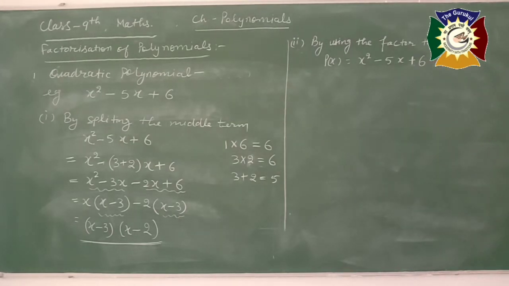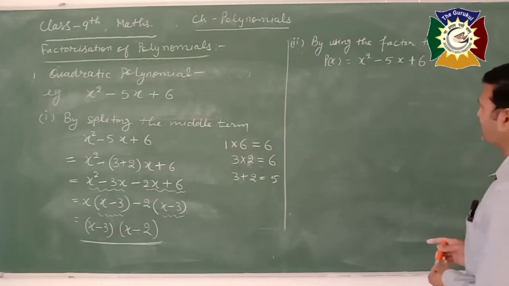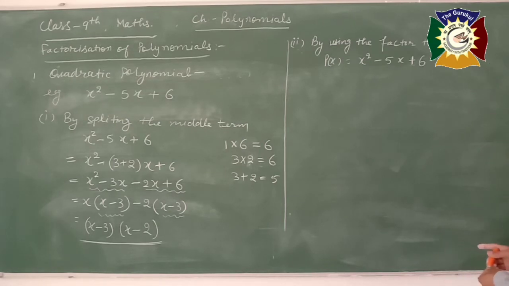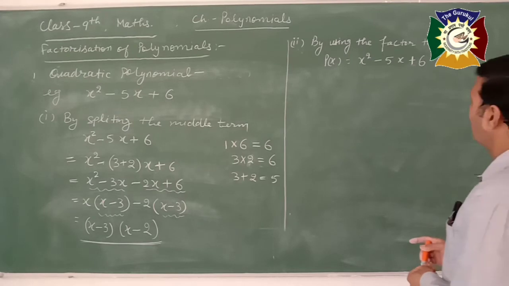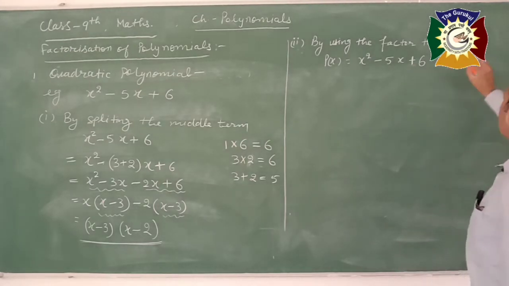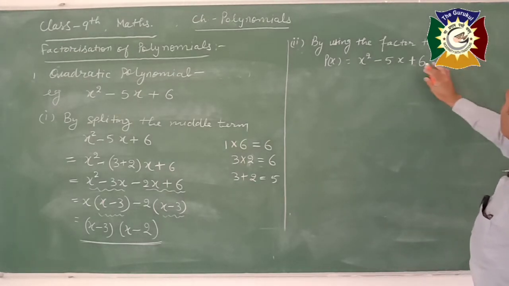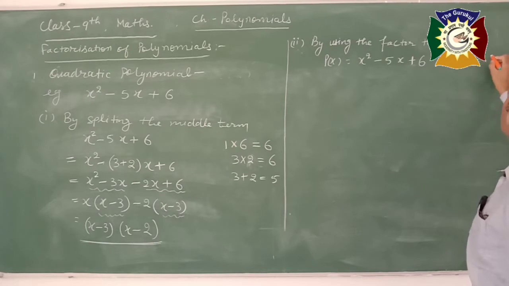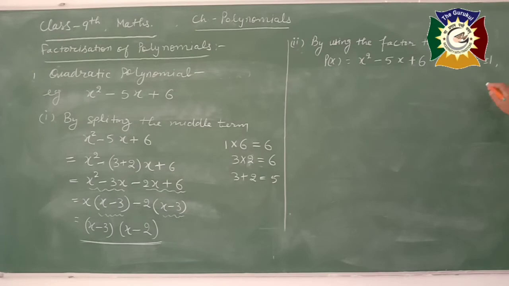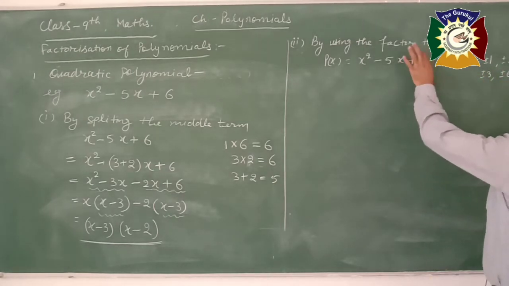In this case, the coefficient of x square should be 1. In this example, we have the coefficient 1, so no need to change. And the factors of this constant term we have to take along with both the signs, plus minus: plus minus 2, plus minus 3, plus minus 6. These all are the factors of this 6.